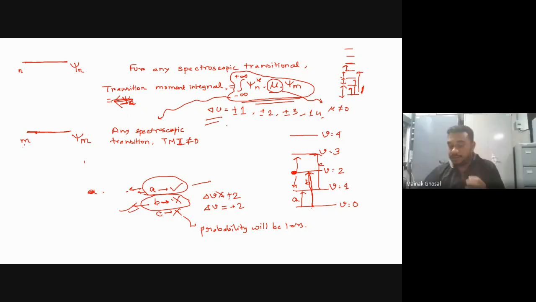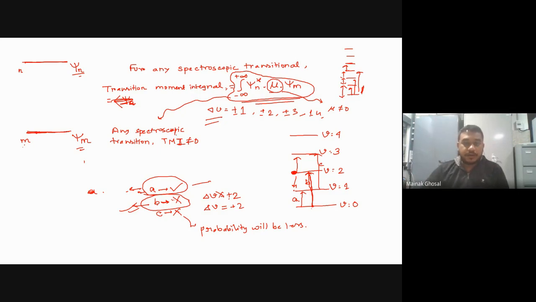Okay, yes, it's okay. So if you have two states, suppose M and N, and this is the wave function corresponding to M, and this is the wave function corresponding to N. So for any spectroscopic transition, you need that your transition moment integral should be non-zero.